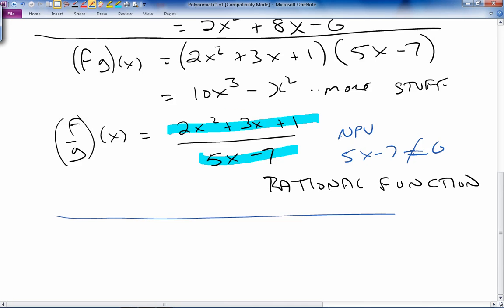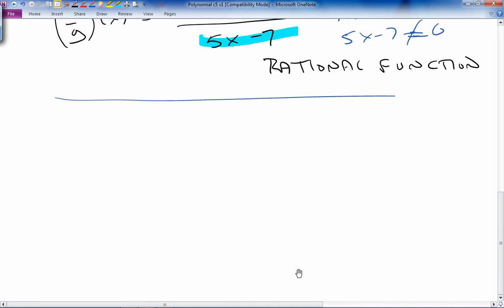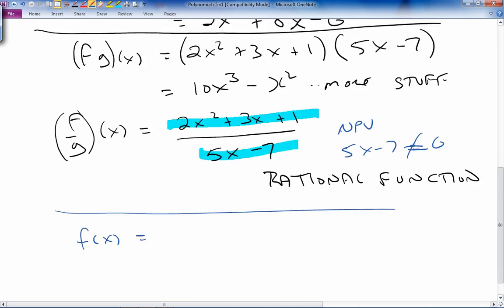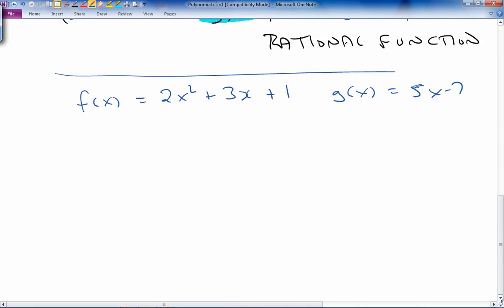What's a bit new this year, and I'm going to get two different functions here. Well, actually, you can use the same ones. F of x equals 2x squared plus 3x is a composite.